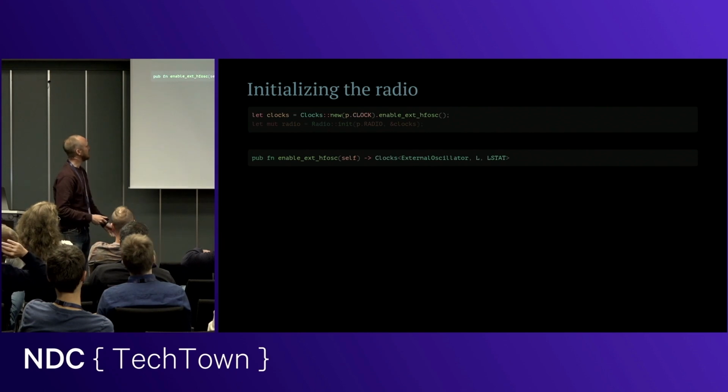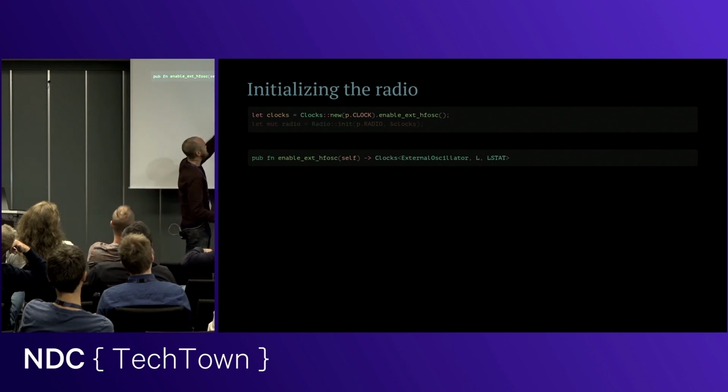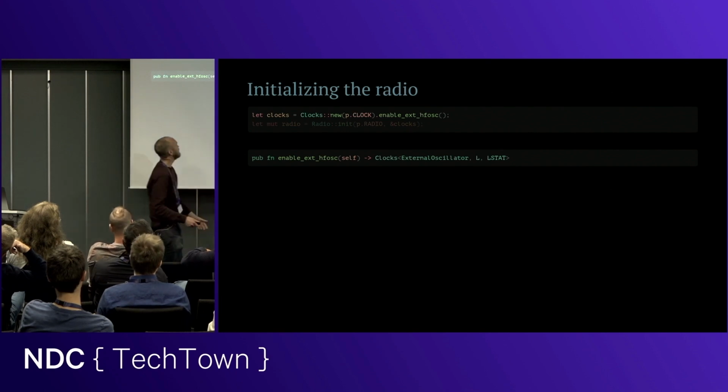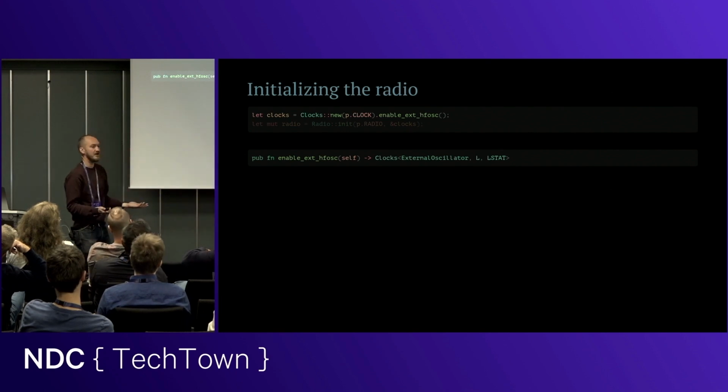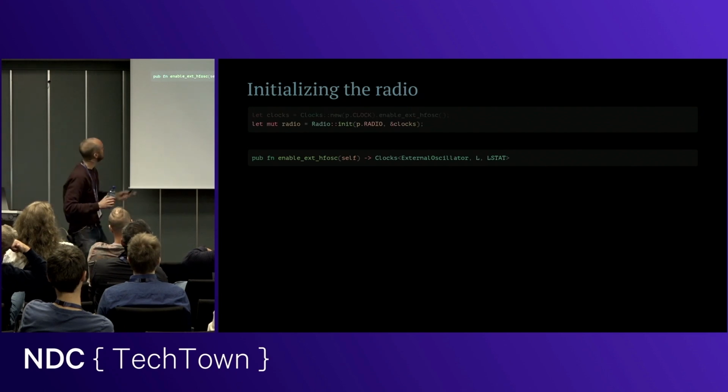This is a function from the community supported library. It gives us this clock struct, and it has some generic parameters. So if you see this external oscillator, the fact that we have configured it to use the external one becomes part of the type. And that's going to be used by this function.